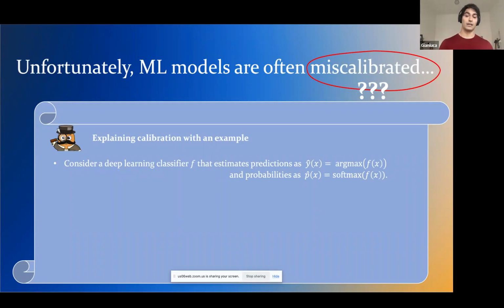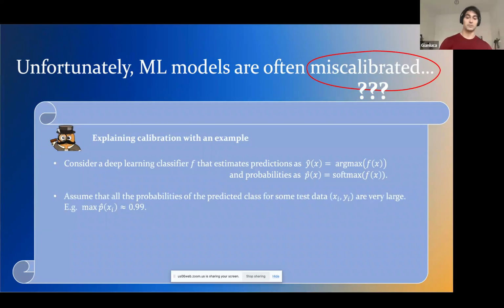So p is, if you want, a probability vector, because all the components are between 0 and 1, and they sum up to 1. So you could interpret it to some degree as a probability vector. This is what people usually do. And it's a probability for every possible class, right? So there is going to be a probability for cat, a probability for dog, and so on.